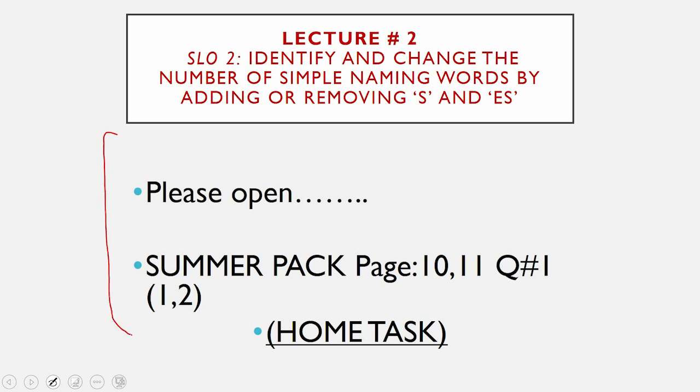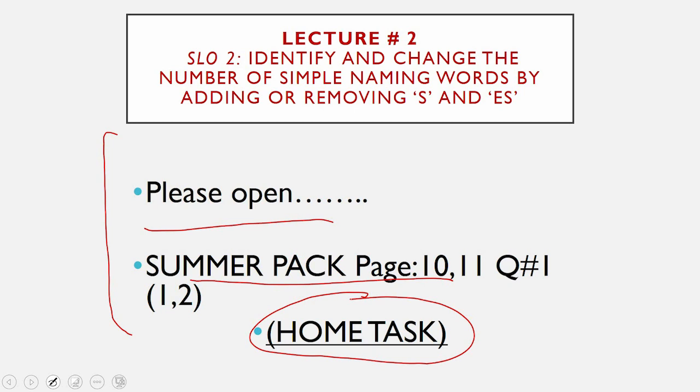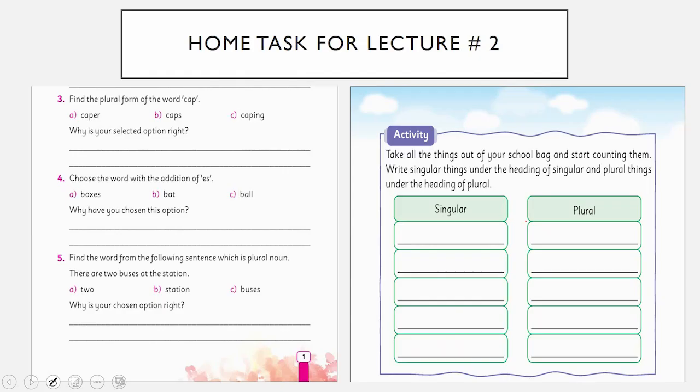Once you're done, please open your summer pack to mark your home task on it. The pages you need in front of you are page 10 and 11. This is page number 10 and this is page number 11. Please circle question number 3, 4 and 5 on page number 10 as your home task for lecture 2.